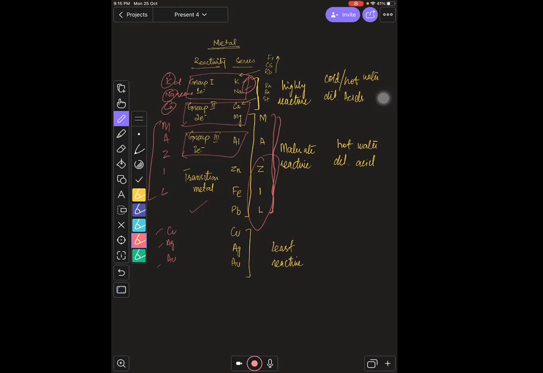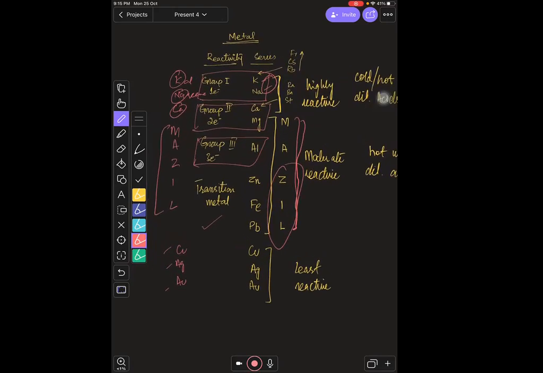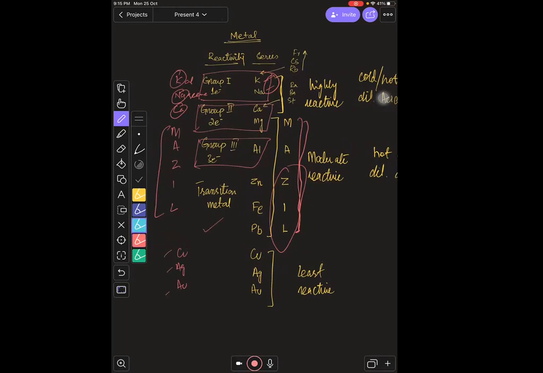Done? Yes. Now, I'm just going to give you a few more pieces of information about the reactivity series. One element, which is carbon. It is not a metal, but it can form a positive ion.